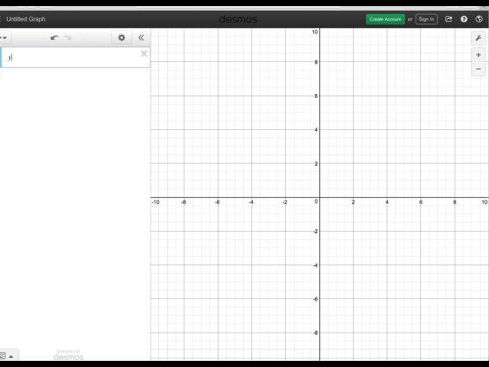So here was the original, y equals x squared plus 4. Okay, so at the point 1, 5, which is right there, if I drew in a tangent line, it would have a slope of 2. All right.